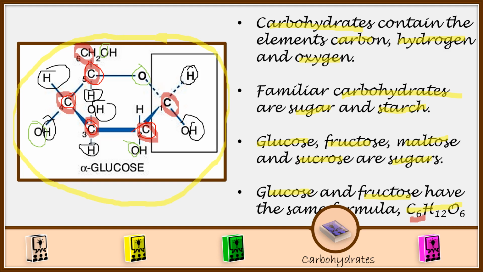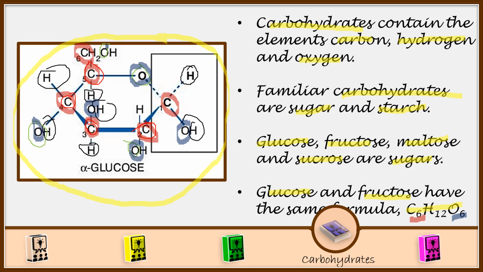It will be the same when you count hydrogen. You'll find there are 12. Oxygen, you are going to find there are 6. Let us try to count oxygen and see whether there are 6. We have this one here, this is 1. Another one here, 2. Another, 3. Another, 4. Another, 5.